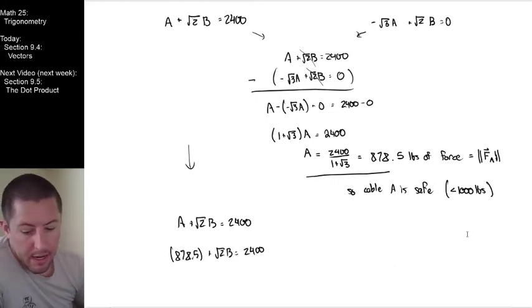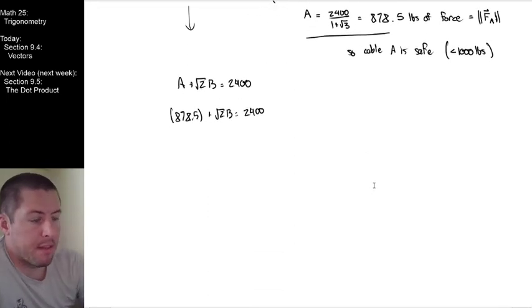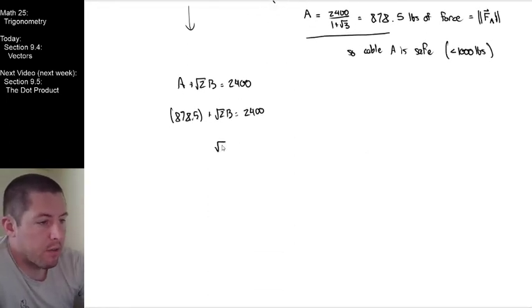I can do a little bit of maths right here. It looks like root 2B is going to be 2400 minus 878.5. So that should be 1521.5, and then divide by root 2.